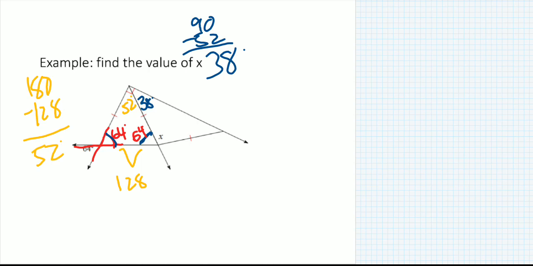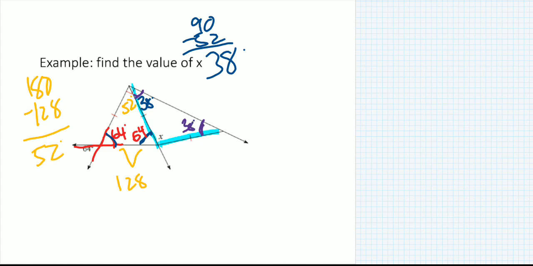Now the last thing I have to do is, you have an isosceles there. So that means that this angle right here, the 38 we just figured out, is congruent to this one, again based off of the arrows. And so this one right here is 38.